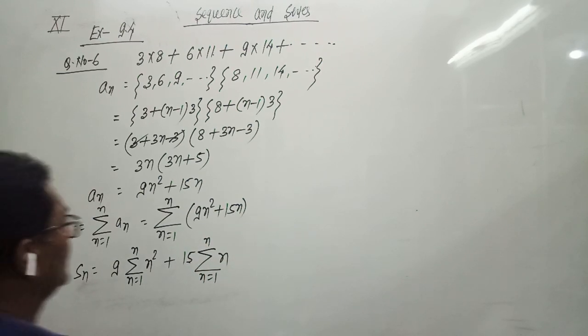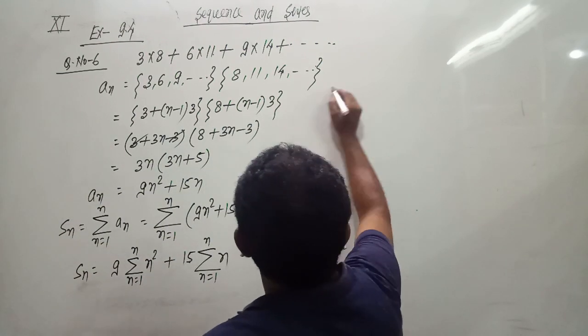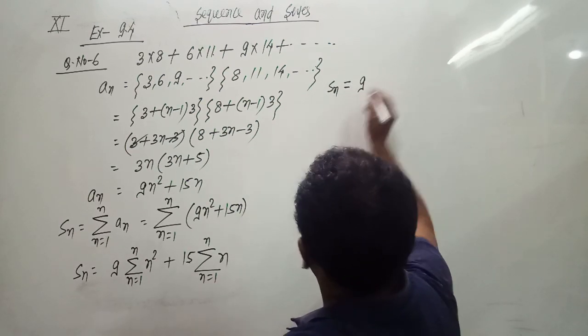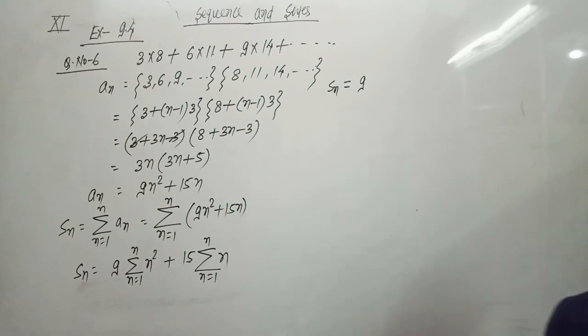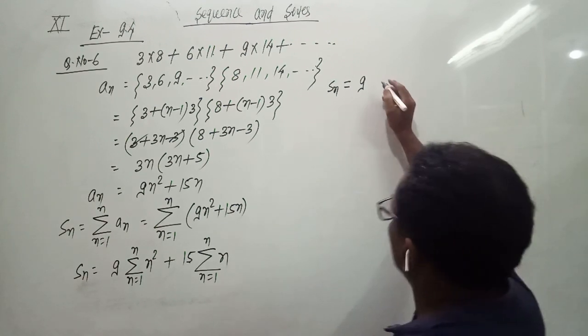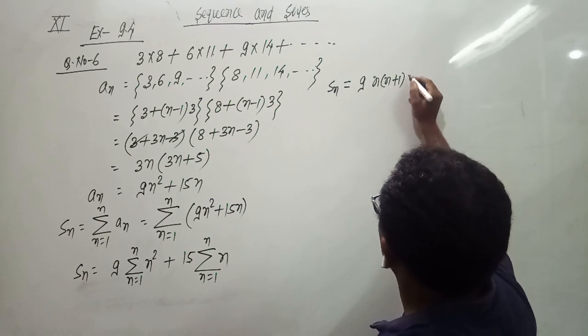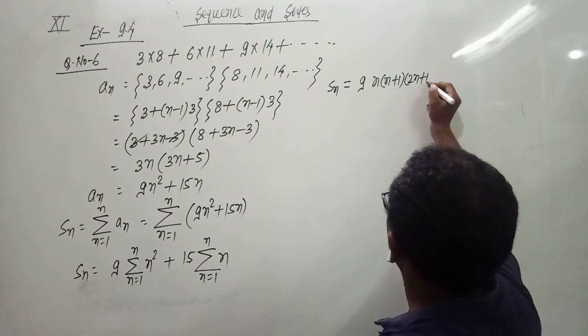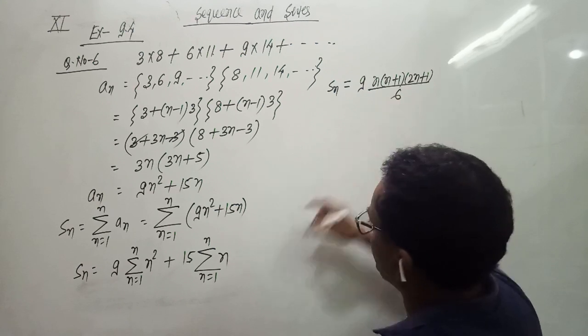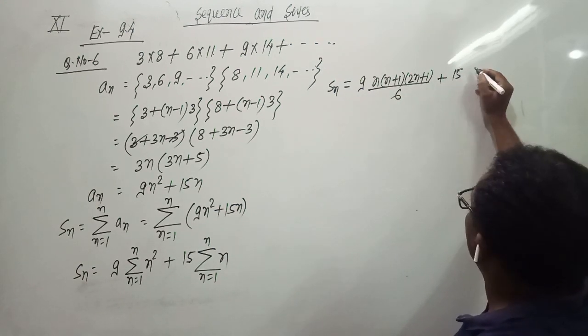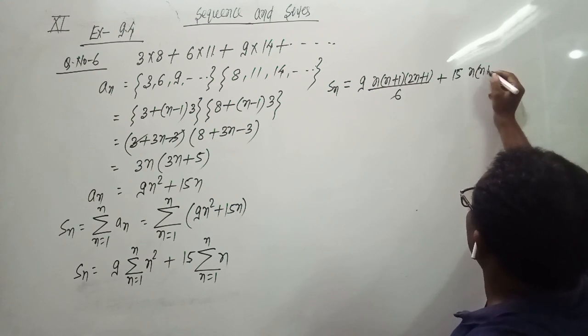Then Sn equals 9 and the formula for sigma n square is n into n plus 1 into 2n plus 1 upon 6, plus 15, and sigma n is n into n plus 1 by 2.